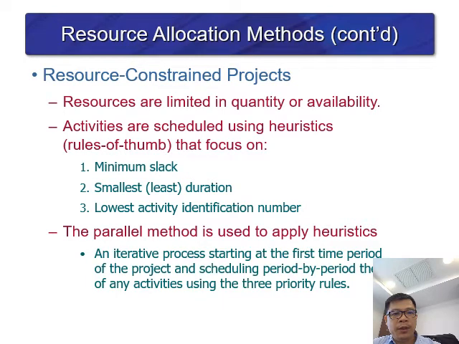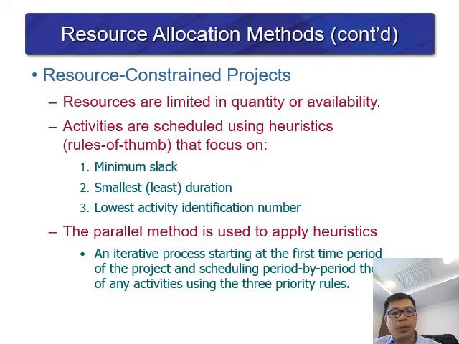And the resource constraint: because the resources are limited in quantity or availability, we need to schedule accordingly. The other one is activity scheduling using heuristics that focus on minimizing slack, smallest duration, and lowest activity identification number.